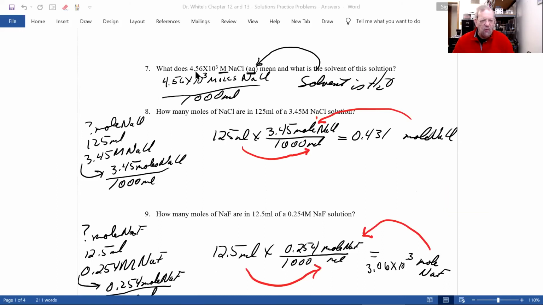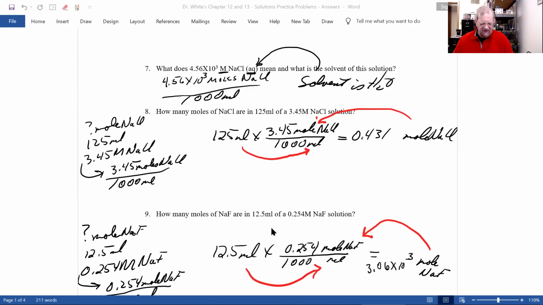What does 4.56 times 10 to the third capital M NaCl (aq) mean? What is the solvent of the solution? Capital M, molarity, moles per liter, moles per 1,000 milliliters.